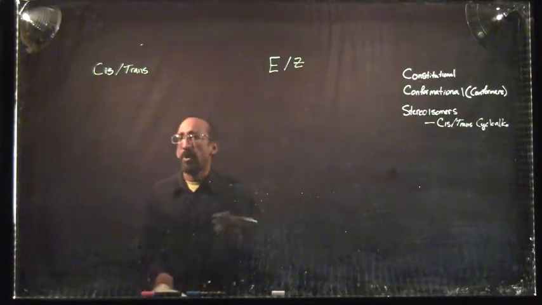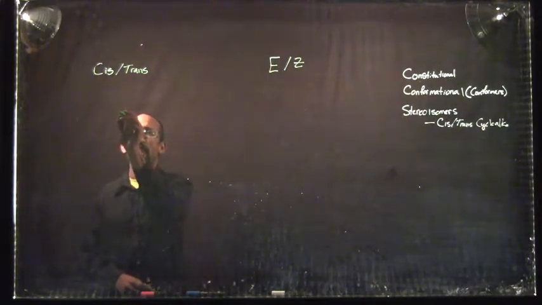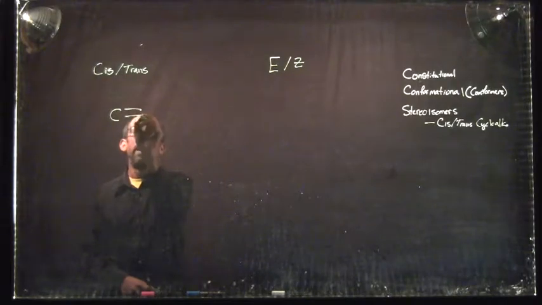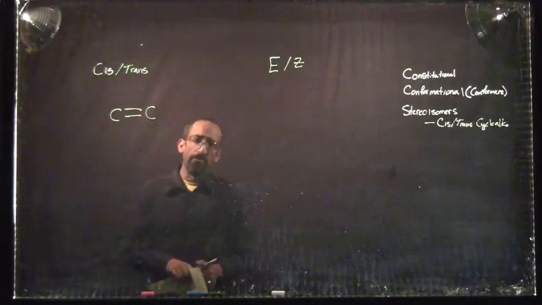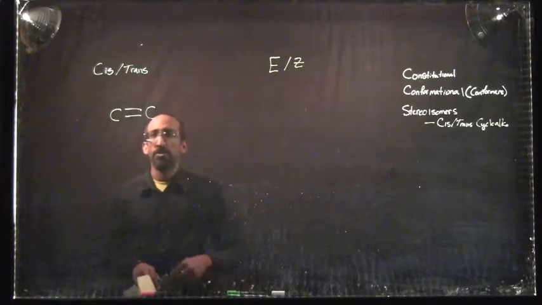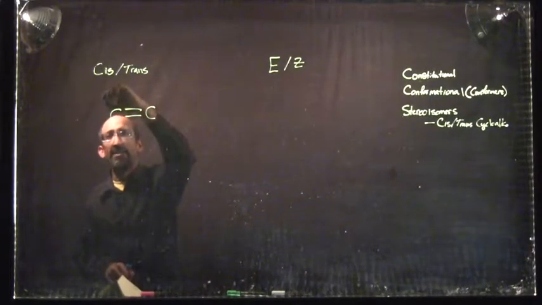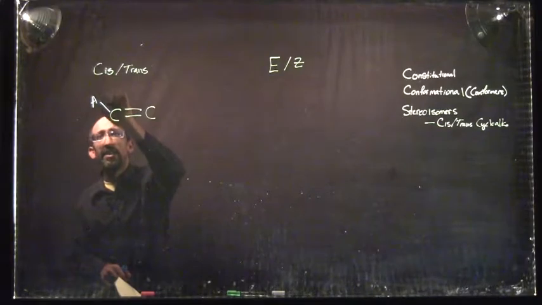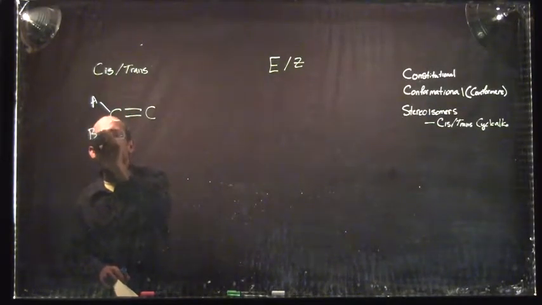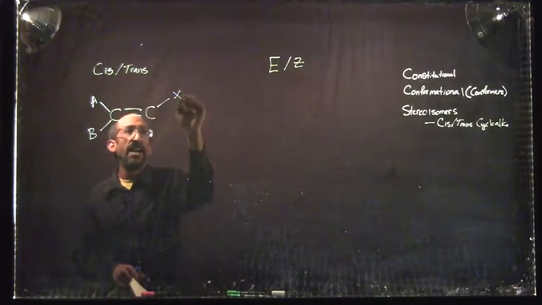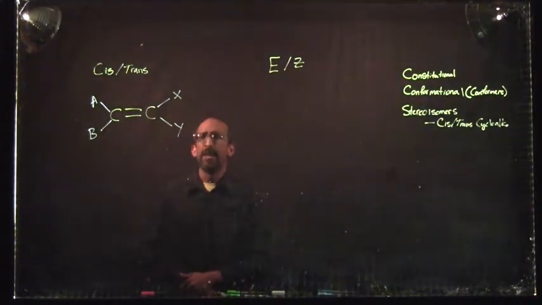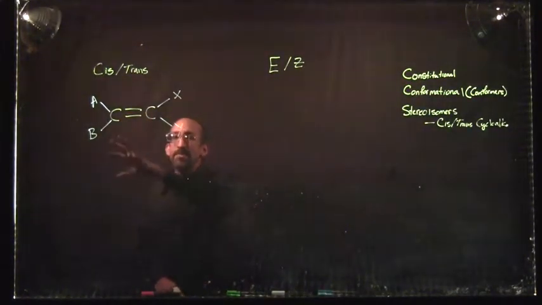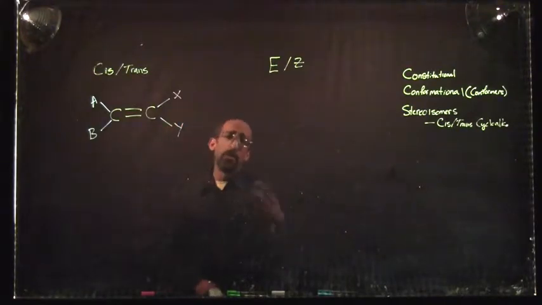So let's just put up a model alkene. I'll have a carbon atom that's double bonded to another, and off of those carbon atoms I'm going to put four different groups. So we'll have A, B, X, and Y. Now, A and B and X and Y can be the same or different.